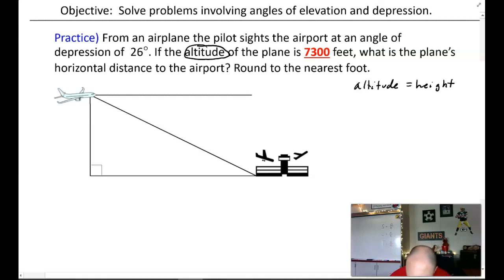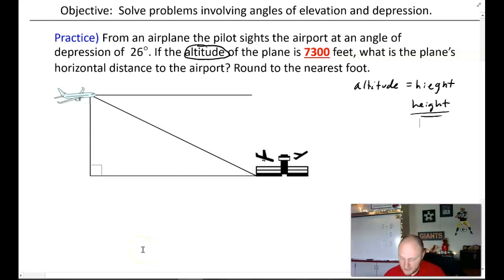Did I spell height right? I before E. Yes, height. So when a plane has a certain altitude, that's how far up in the sky it is. All right, pause the video and give this one a go.